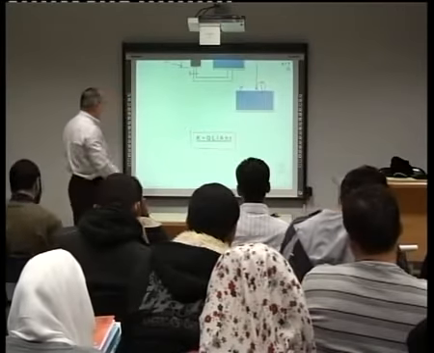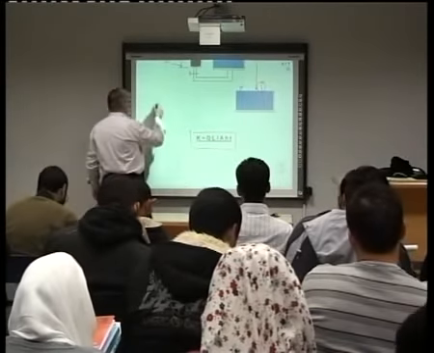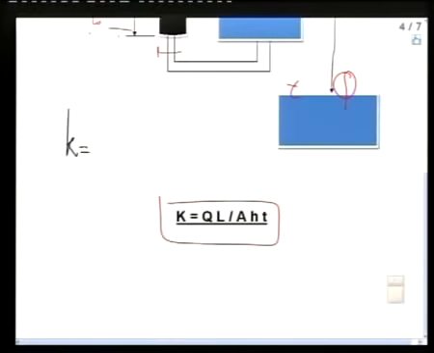Very good equation. Let me write it again. K equals Q. Guys, Q in meters cubic, right? Concentrate with me, please.